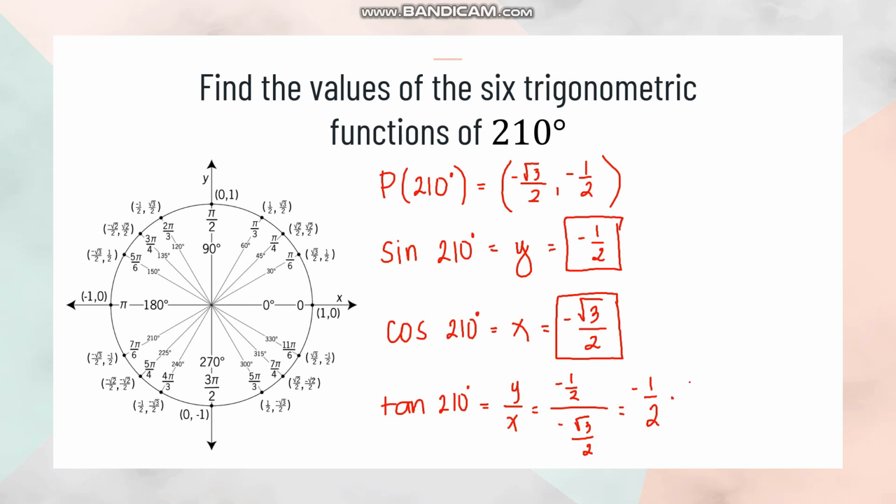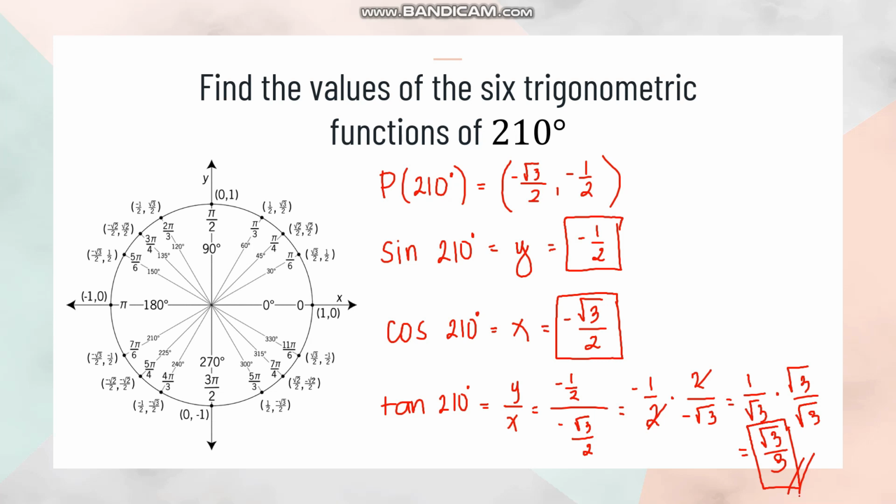The reciprocal of this will be 2 over negative square root of 3. So you can cancel this. Then negative divided by negative is positive, so we have 1 over square root of 3. And then you have to rationalize this. Therefore, we have square root of 3 over 3 as the tangent of 210 degrees.